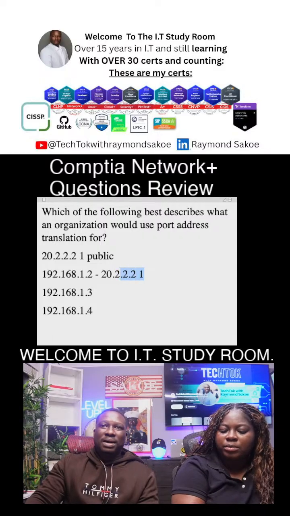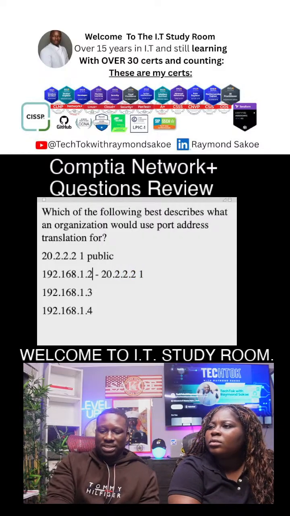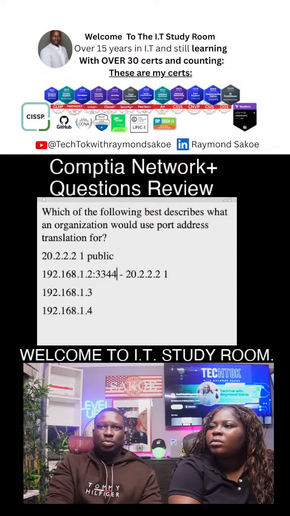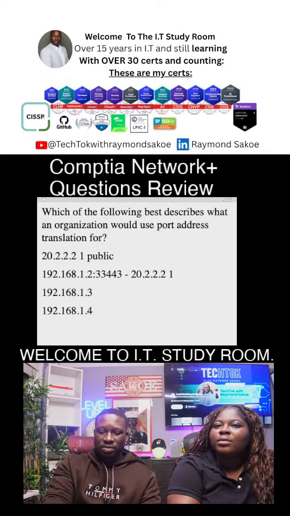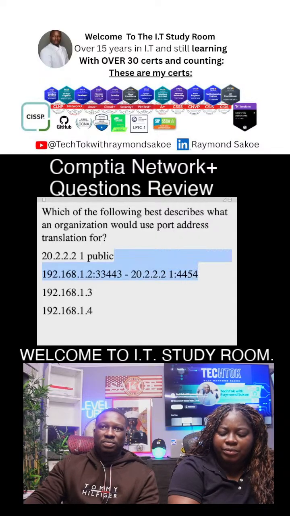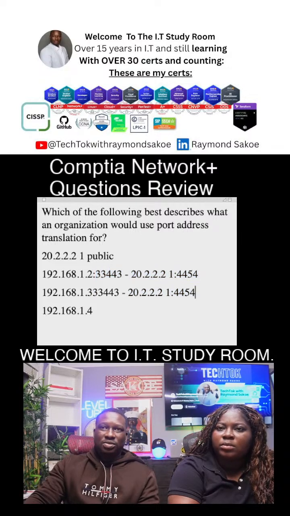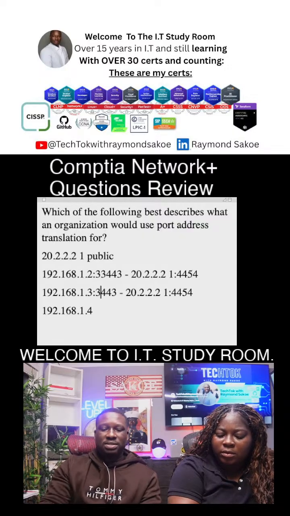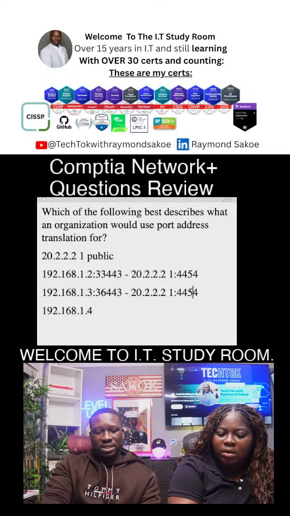But what port address translation does is it uses port numbers. So this will map to, I don't know, this port, just an example. If the next one is trying to access the internet, it's going to use a port to differentiate the request, and those will be a different port as well.